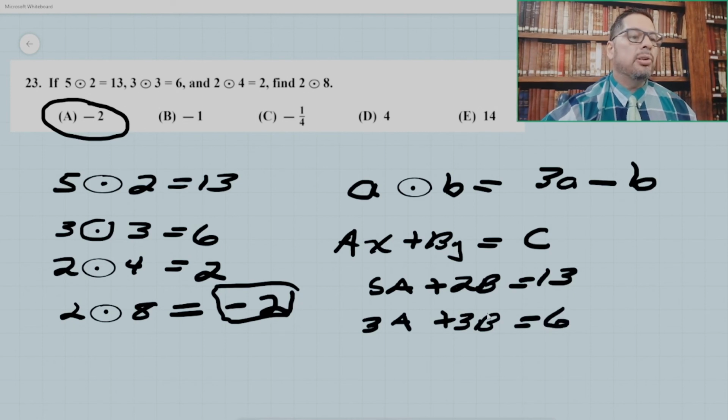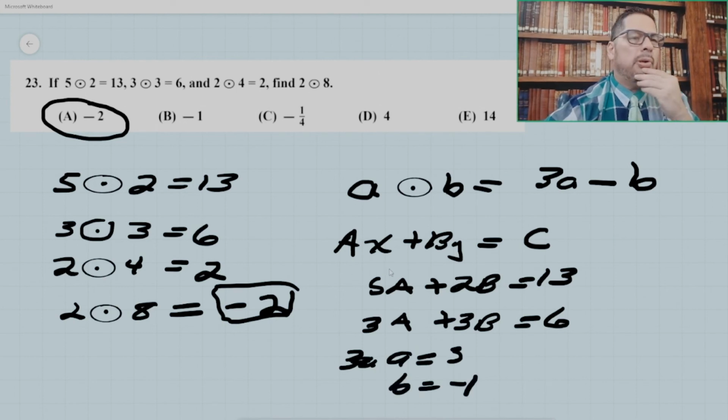And then you could solve for A and B. That would end up with A equals 3 and B equals -1, which gives us our rule. But I'm not so sure exactly if there's a definitive foolproof way to do this. I saw the pattern immediately. I just thought this was a very interesting variation on defined operations problems.